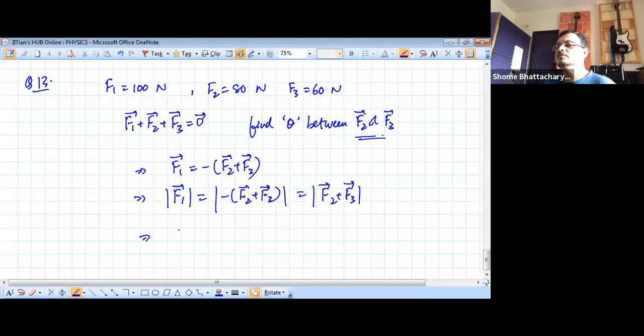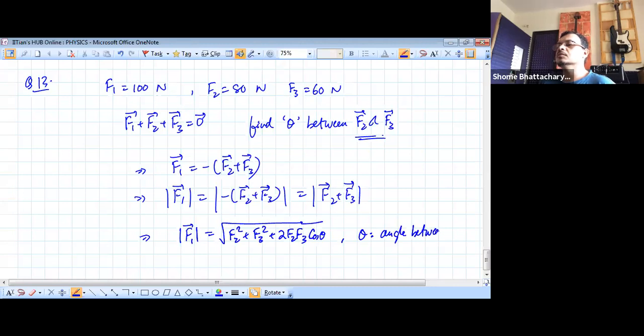Now magnitude of F1 is known to us. F1 is 100 Newton, so we'll substitute that data. But on the other side, magnitude of F2 plus F3 will become square root of F2 square plus F3 square plus 2F2F3 cos theta, where theta is the angle between F2 vector and F3.